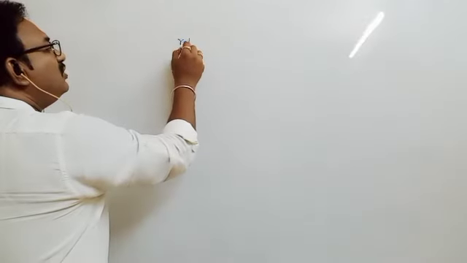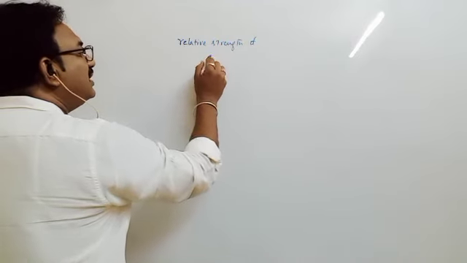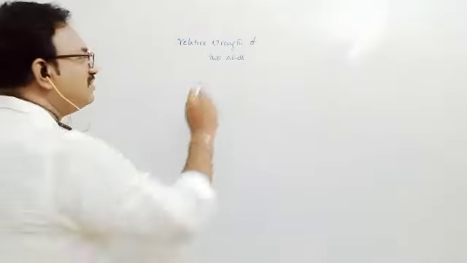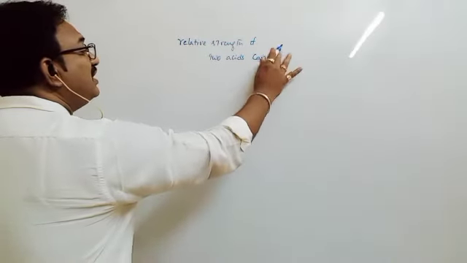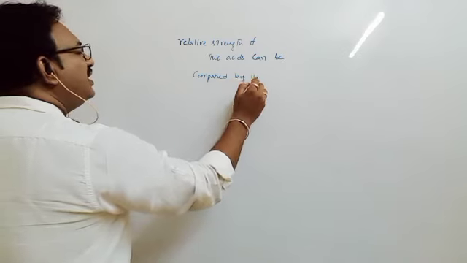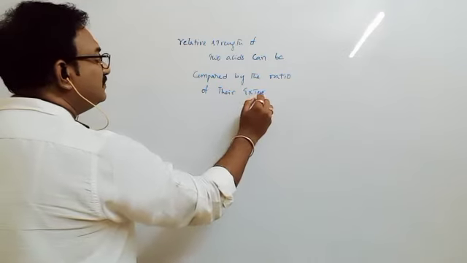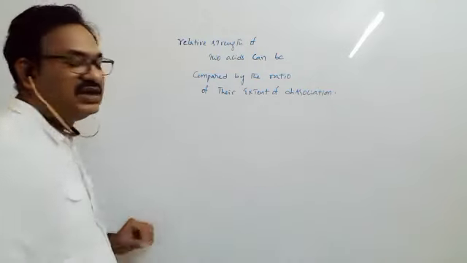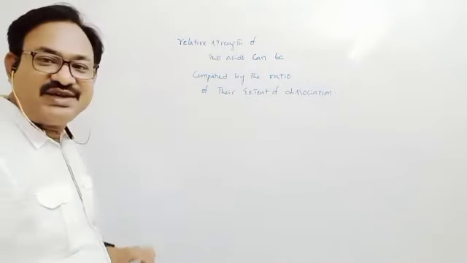See, if you want to go for the relative strength of two acids, the relative strength of two acids can be compared by the ratio of their extent of dissociation. Understand?